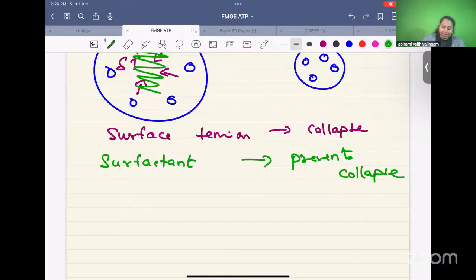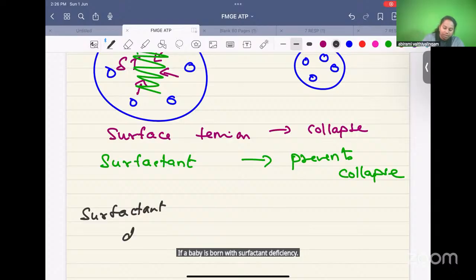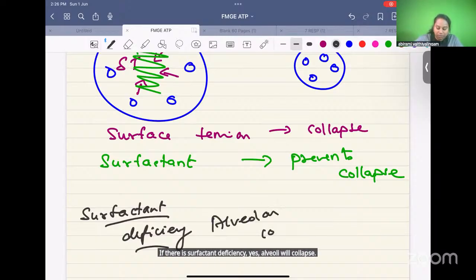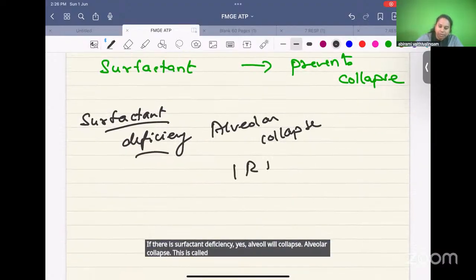If a baby is born with surfactant deficiency, now what will happen? If there is surfactant deficiency, yes, alveoli will collapse. Alveolar collapse. This is called infant respiratory distress syndrome or hyaline membrane disease.